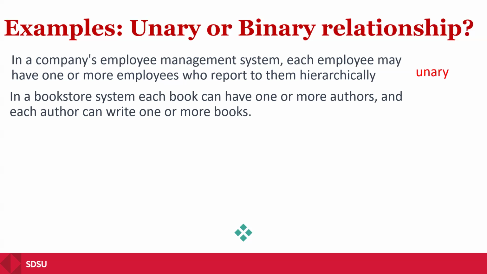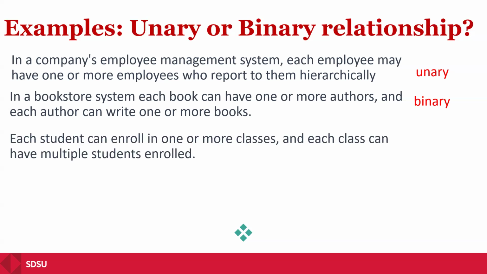A book can be written by many authors, and one author can write many books. So it's a binary relationship, many to many. Each student can enroll in one or more classes, and each class can have multiple students enrolled. It's also a binary relationship. Students can register for classes.